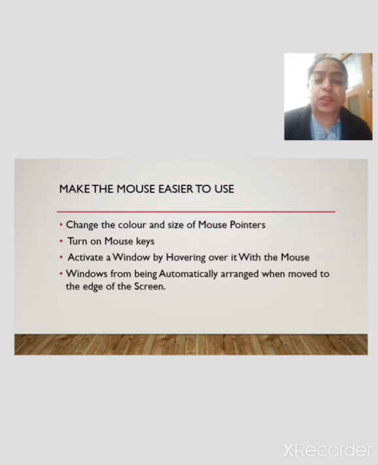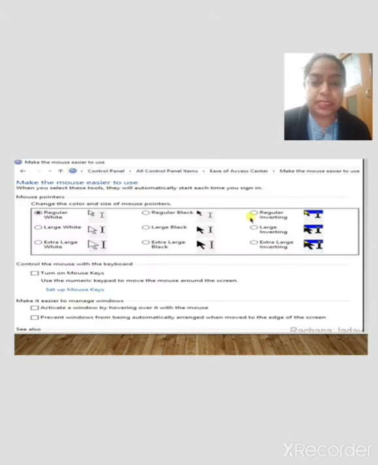You have to turn on mouse keys, and you have to activate a window by hovering over it with the mouse. And after that you can also prevent windows from being automatically arranged when moved to the edge of the screen. If you want to make the mouse work in a proper way, or for a blind person, you can perform all these things like this.